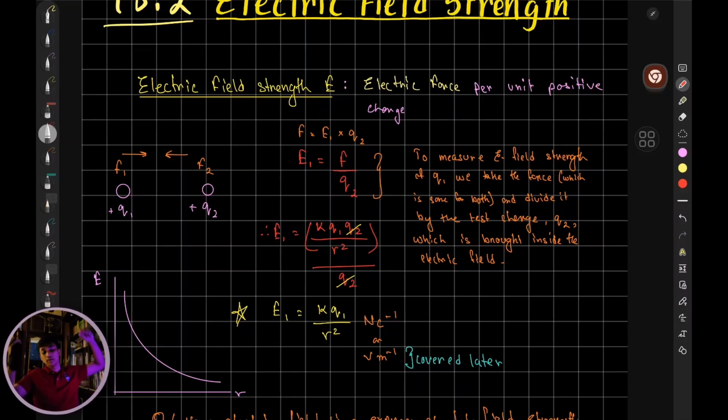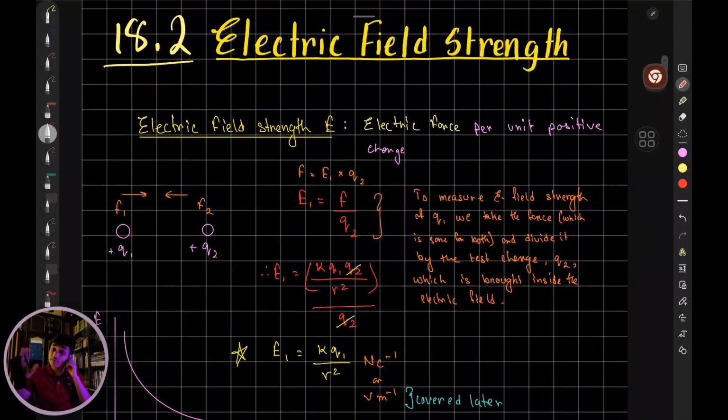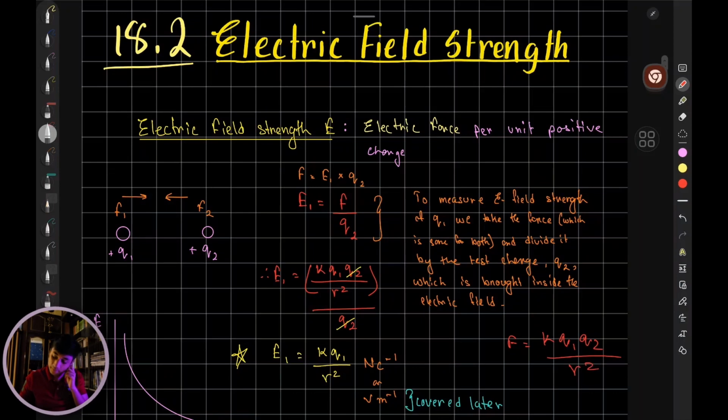How do we do that? Very simple. If you remember the formula for force in the last video, Coulomb's law, what was the formula? The formula was force equals K, the constant, Q1 times Q2 divided by R squared. This is your entire force, and this is the same for both the charges.